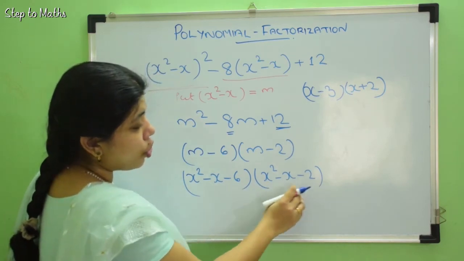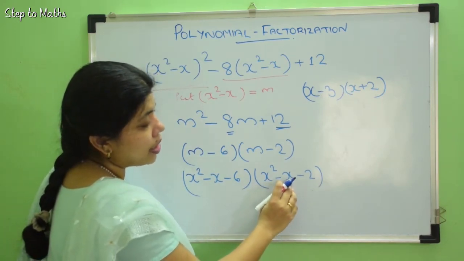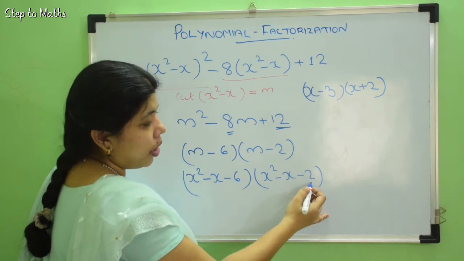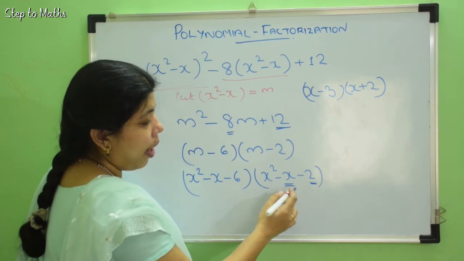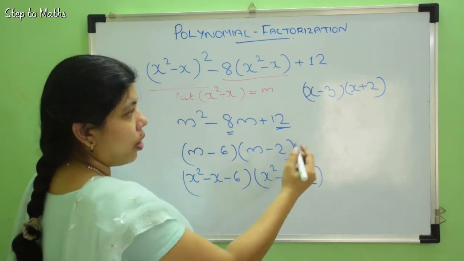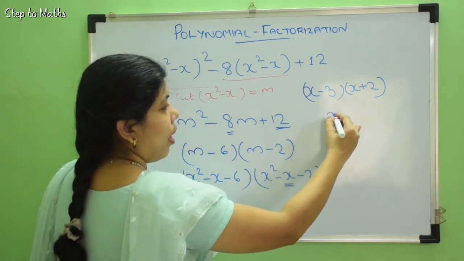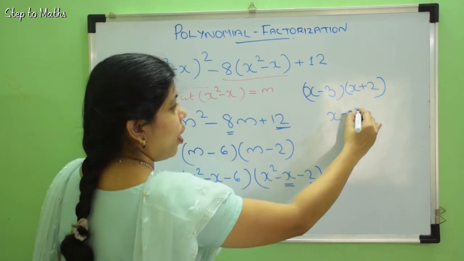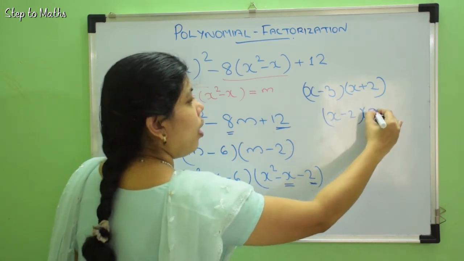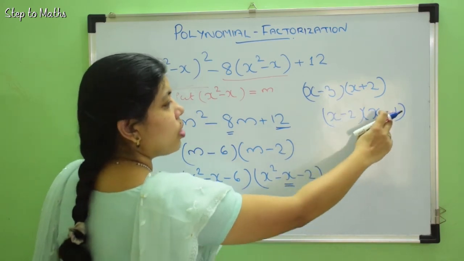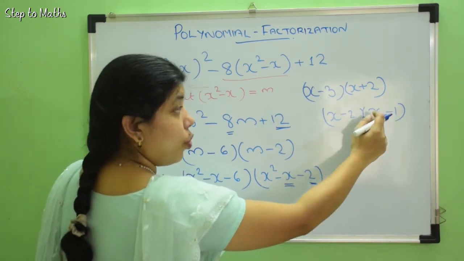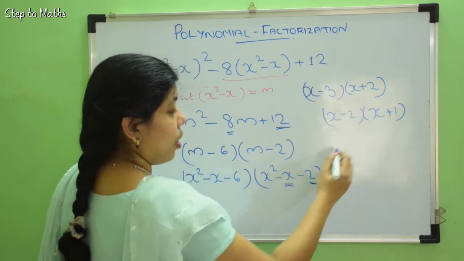Now what are the factors of this polynomial, x square minus x minus 2? Product minus 2 and sum is minus 1. Its factors are (x minus 2) into (x plus 1).